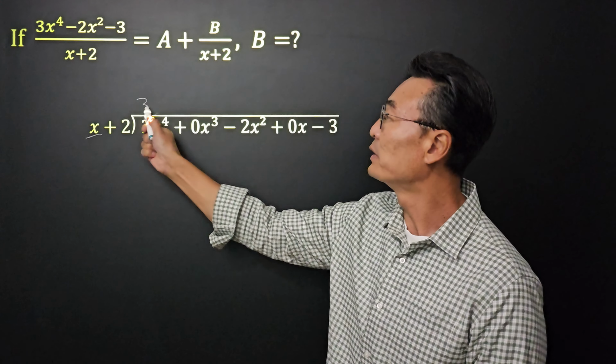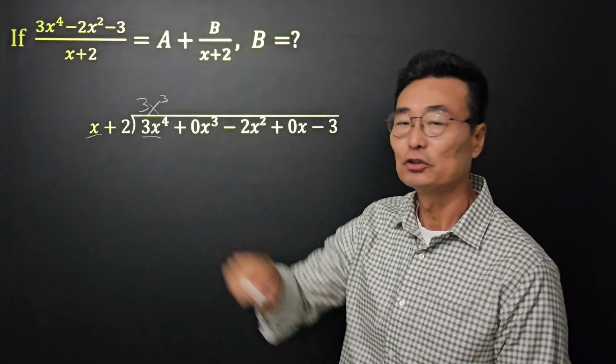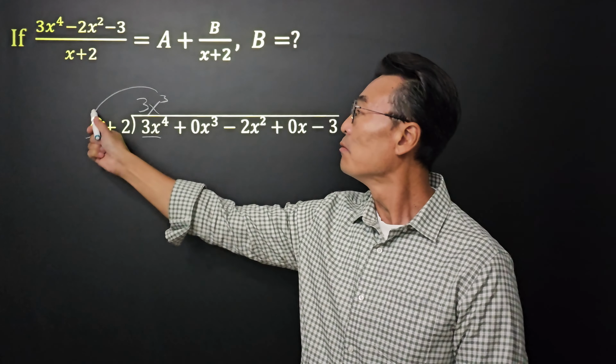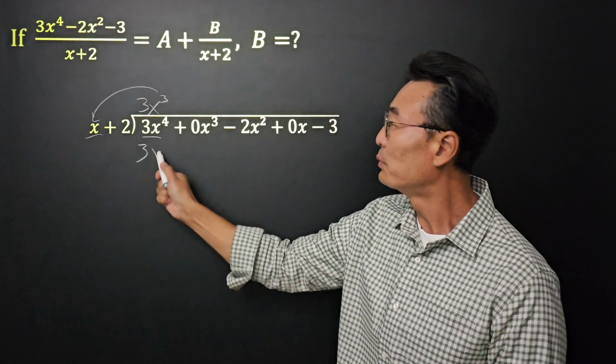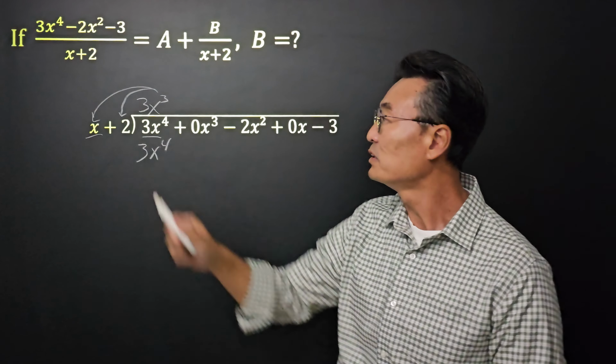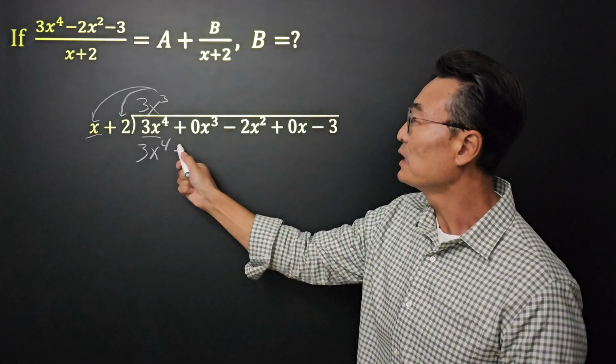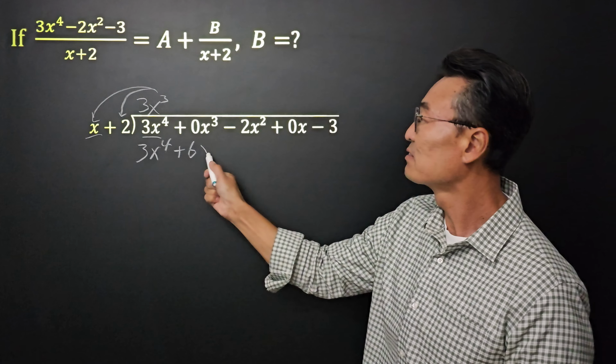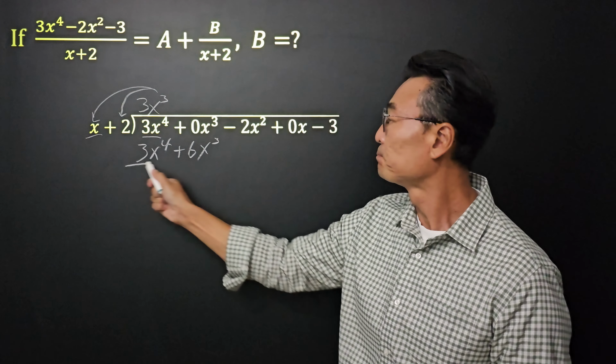First step, take that x and ask yourself, x times what gives us 3x to the fourth? And the answer is 3x cubed. So we take that, multiply to the x, so we get 3x to the fourth. And then we need to do the same, multiply to the 2 as well, where we get plus 6x cubed.